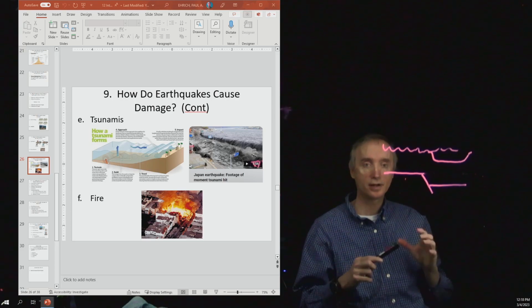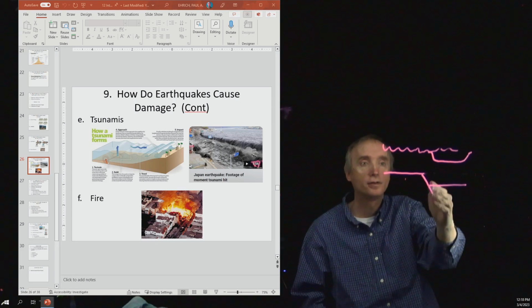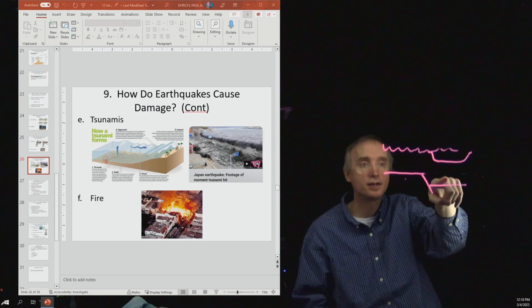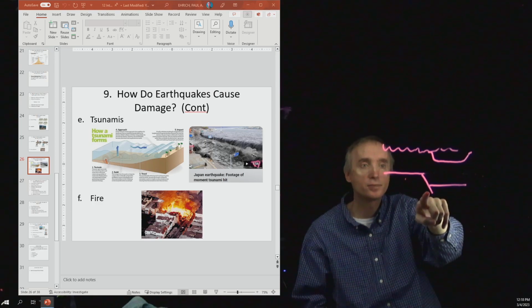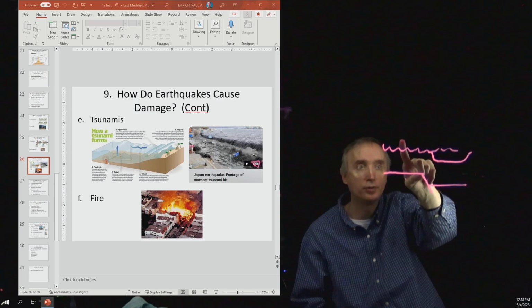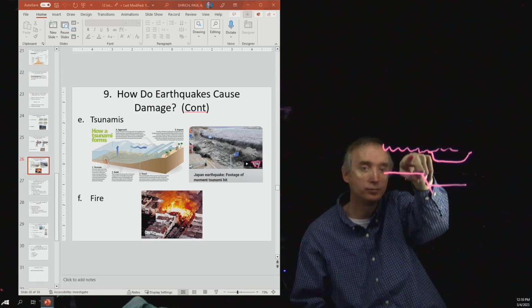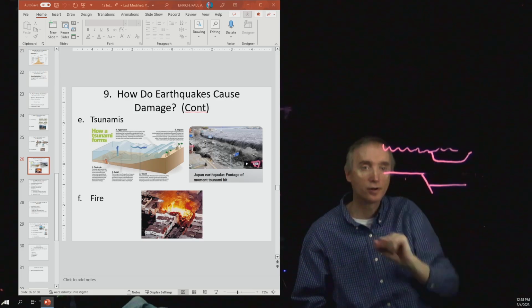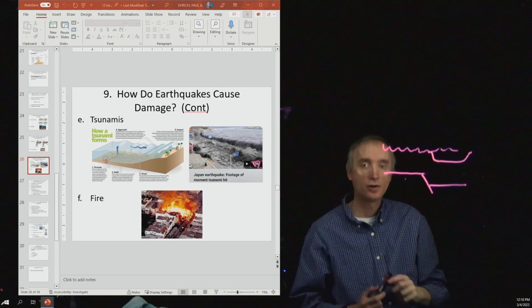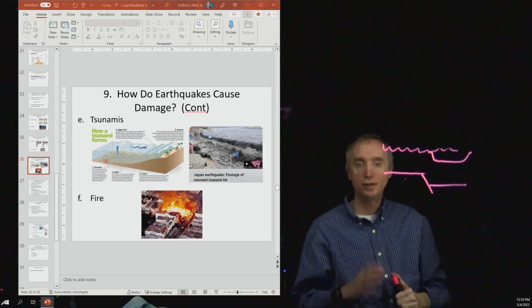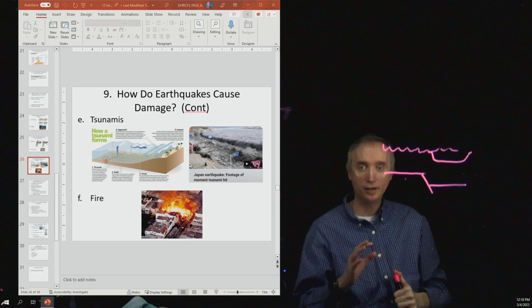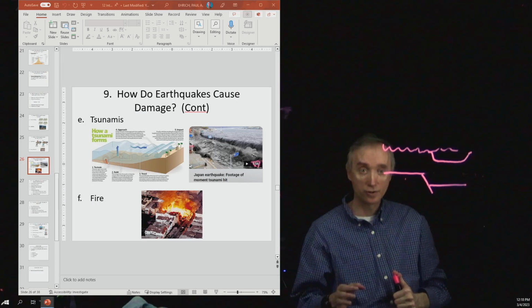Now the same thing is going to happen if, on the other hand, this thing didn't drop down, but this piece up here had moved up; it would have shoved the water up. So either way, you're going to make a tsunami. A tsunami out in the middle of the ocean, you really are not going to notice that much.